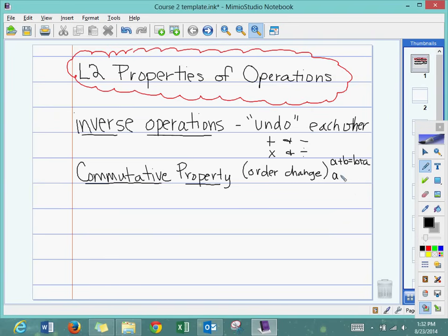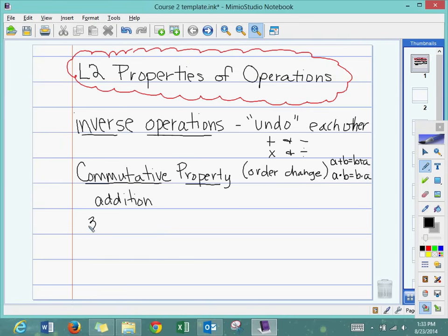Also, A times B can equal B times A. Notice that the commutative property is only valid for addition and multiplication. Do not make that mistake on your paper or in your thinking process.